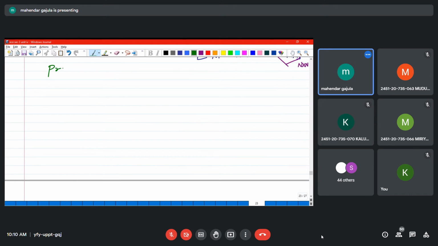And properties. If the Gaussian random variables are uncorrelated, they are called statistically independent.